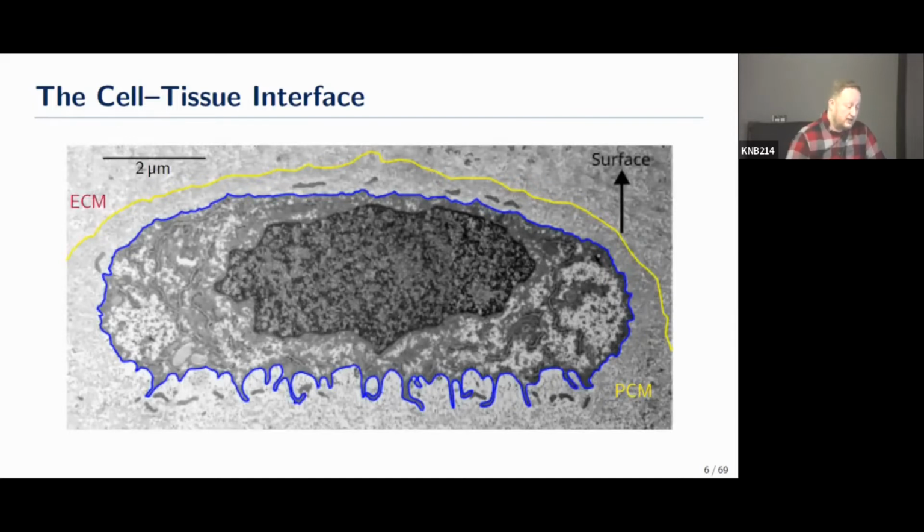The other thing I've highlighted in the image in yellow, it's a little hard to see on a TEM image like this, is a distinct specialized region called the pericellular matrix that directly surrounds the cells in your cartilage that differs in molecular composition, mechanical behavior, and so on from the bulk volume of the tissue, which we refer to as the extracellular matrix.